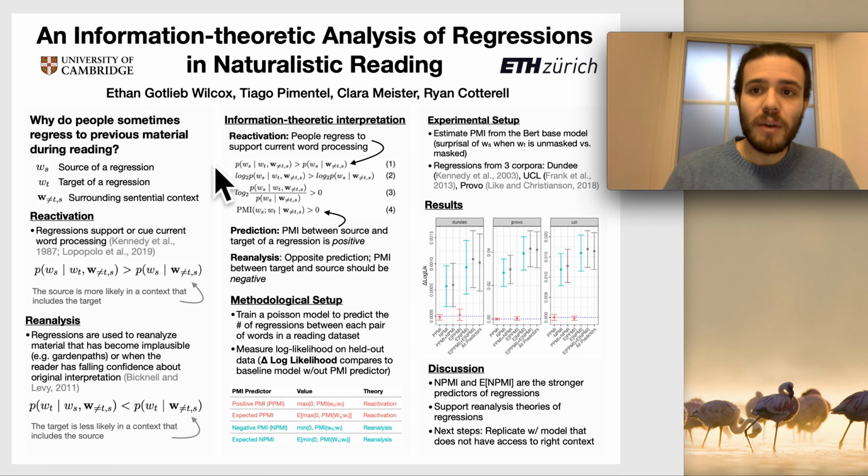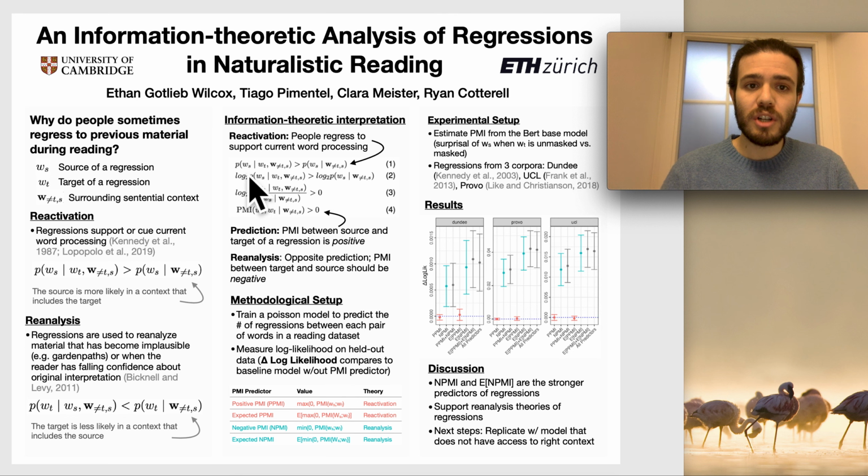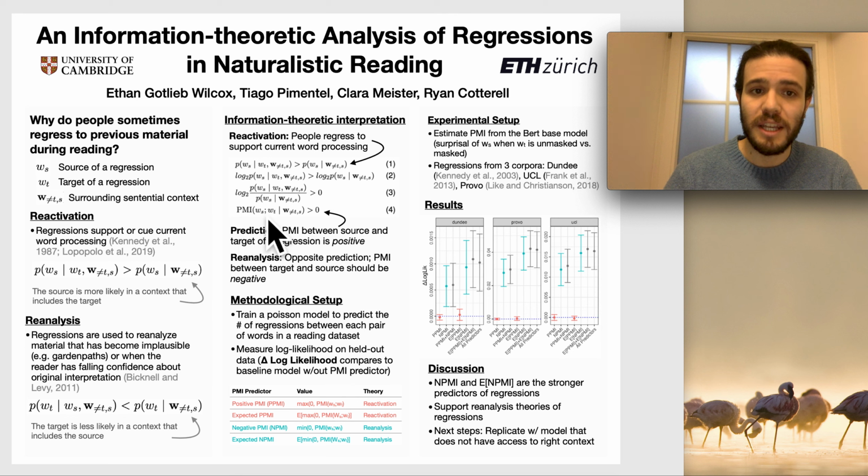Now, these probabilistic inequalities invite information-theoretic interpretation of regressions under these two theories. Just to give a brief example, for the reactivation approach, if we start with the inequality outlined previously, then by taking the log and rewriting it, we can reformulate it as saying that the pointwise mutual information between the target and the trigger should be greater than 0.